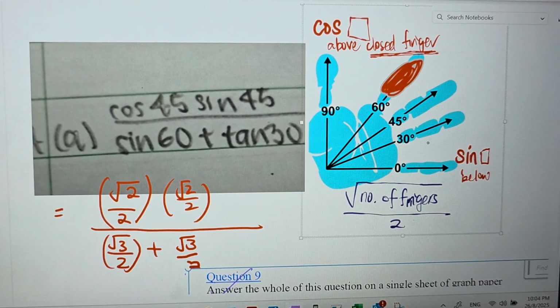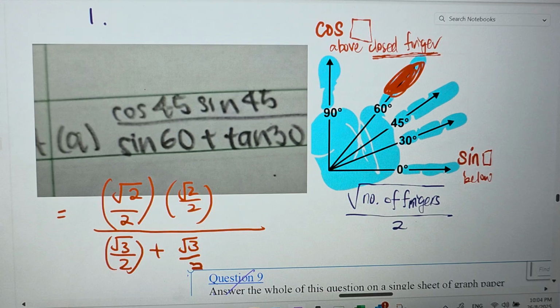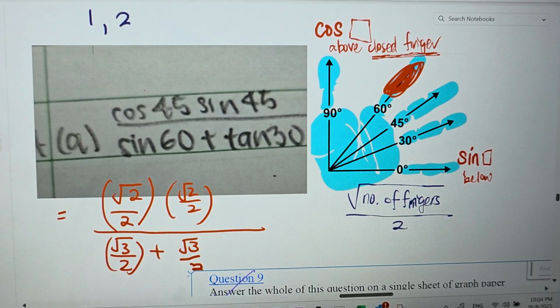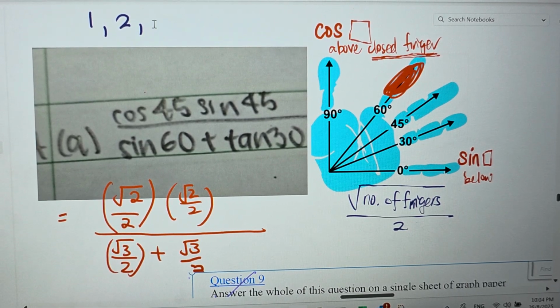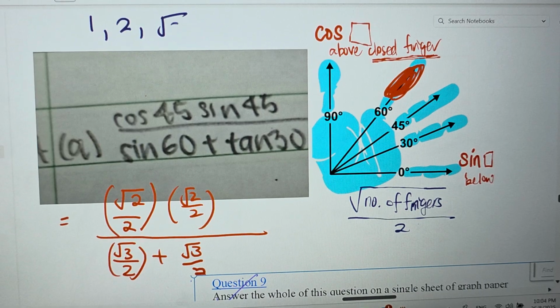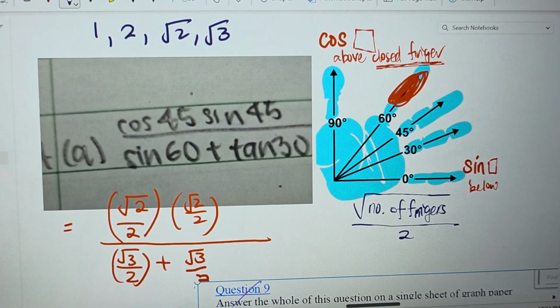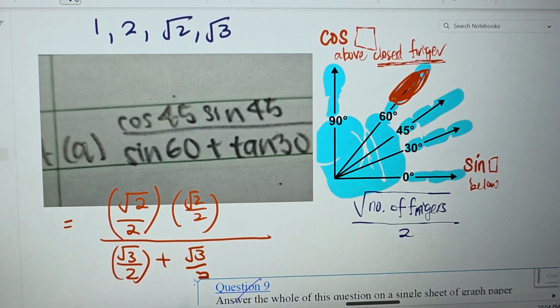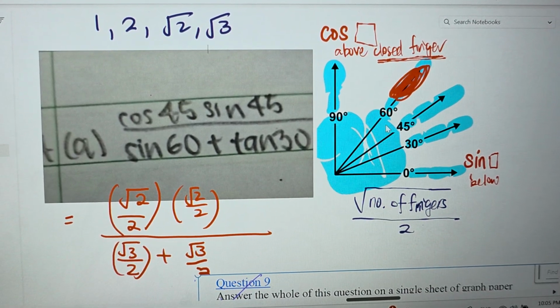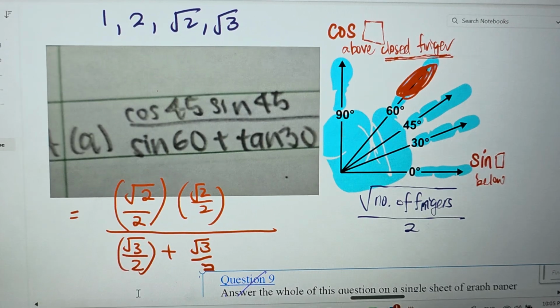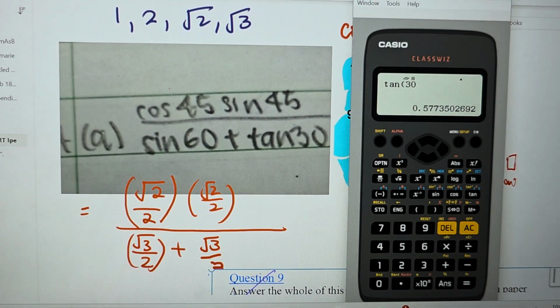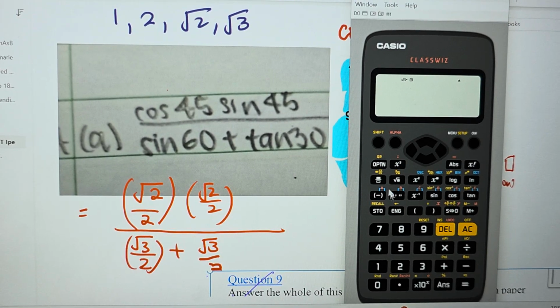So I'm going to write here 1, 2, then square root 1, square root 2, square root 3. Cosine 45. If you're too lazy to use the hand, then we use the calculator, our good friend.